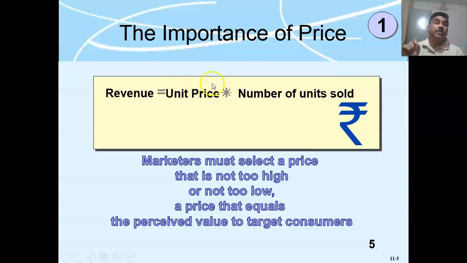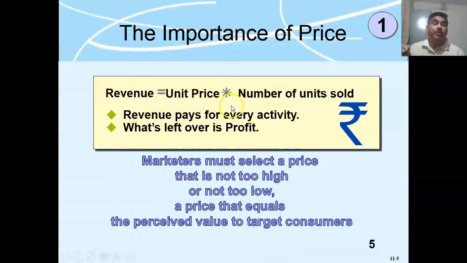Whatever the unit price of a particular product and the number of units sold into the market, if you multiply both of them, then you will get the value of revenue. And revenue pays for every activity that a seller or manufacturer did, right?